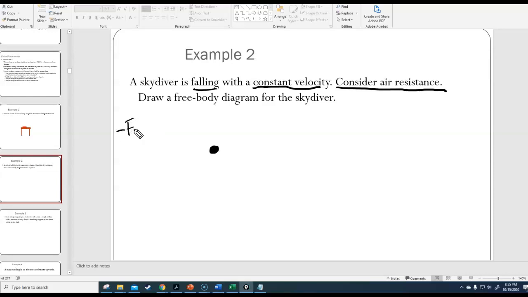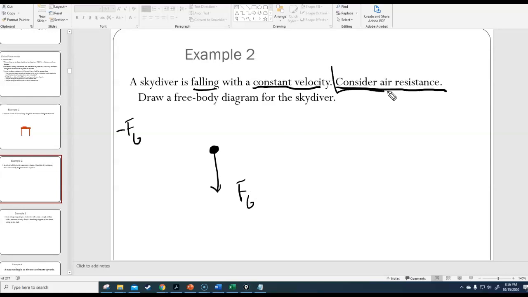I think through my mental checklist of what forces are acting. Probably have force of gravity that goes down. Is there a surface? Hopefully not, because he's falling through the air, so there's no surface. That means there's no normal force. There's no rope or string, so there's no tension. You don't have two solid surfaces touching each other, so there's no friction either.